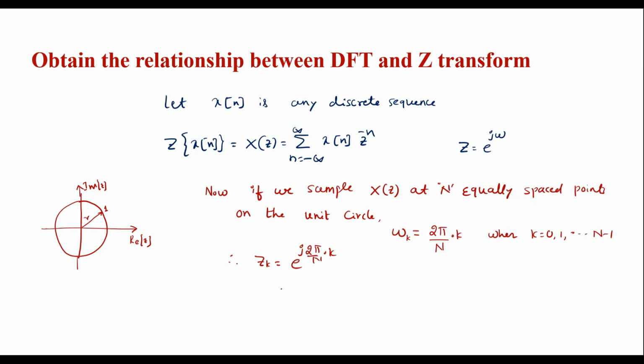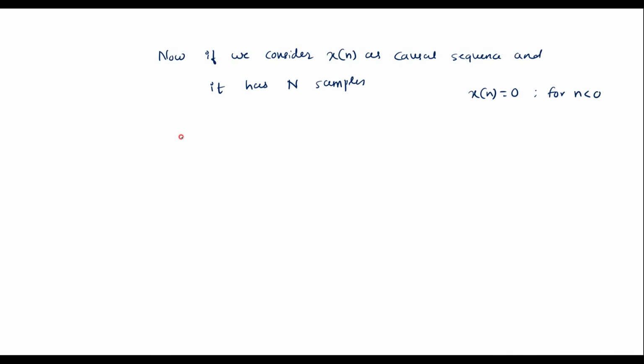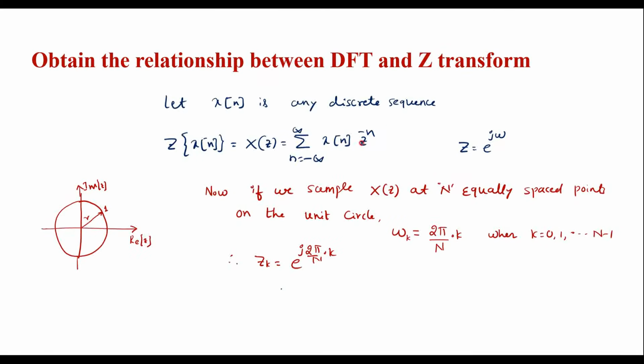So in that case we can represent x of z as summation n is equal to 0 to n minus 1, because x of n we have assumed as a causal sequence and it is having only n samples, x of n, and here we have z power minus n.